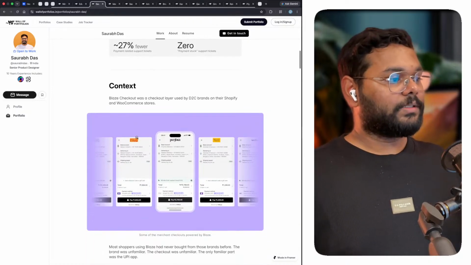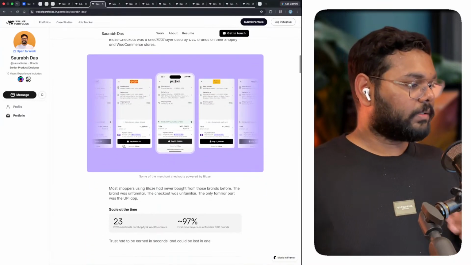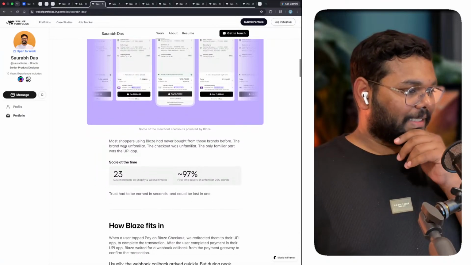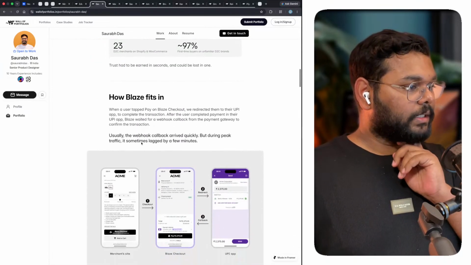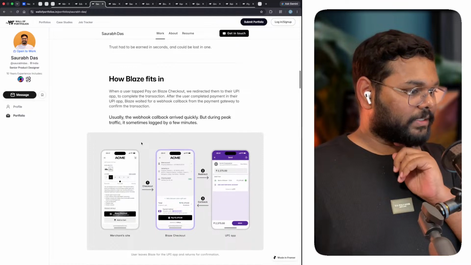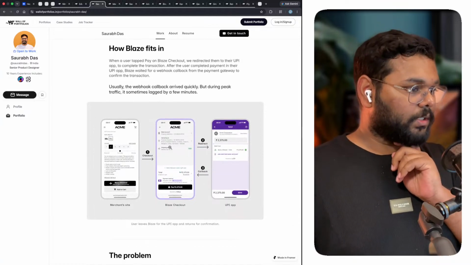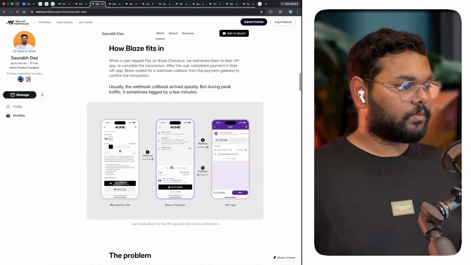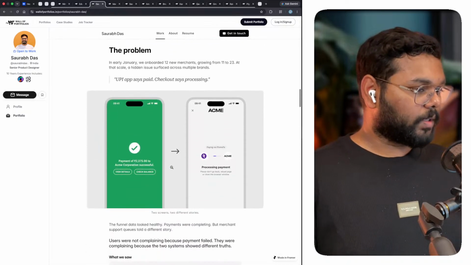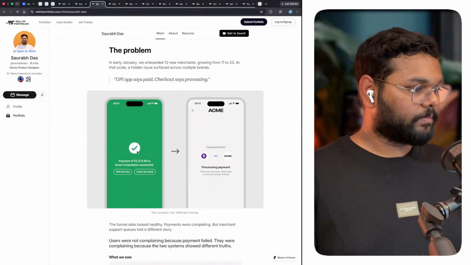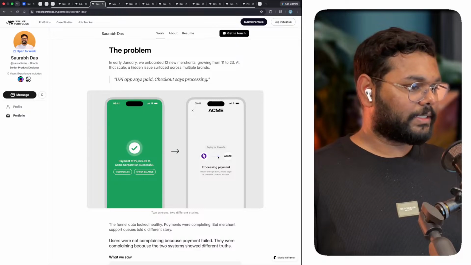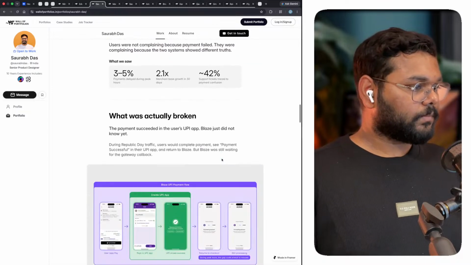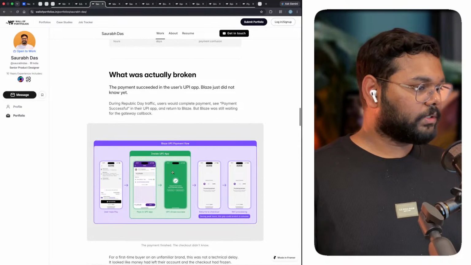And then the details, context, scale at that time, great, how Blaze fits in, so how it works, their own tool or feature, the problem. Okay, so from here to here, this is happening, and then what's actually broken.